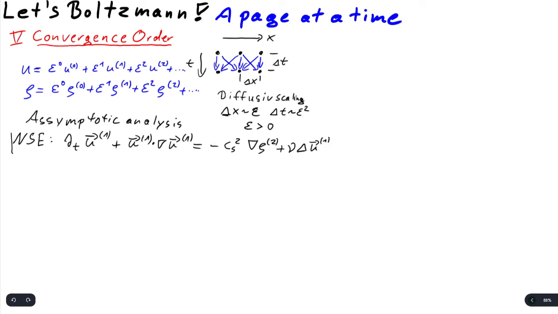So this is the Navier-Stokes equation that we get out of the asymptotic analysis.